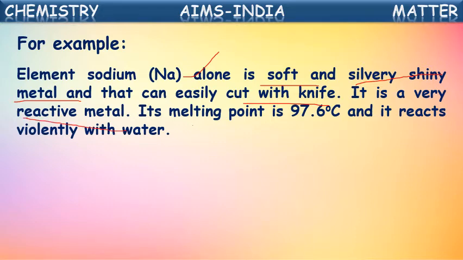Its melting point is 97.6 degrees Celsius, and it reacts violently with water, and even more with oxygen. That's why sodium is always stored in kerosene. It is not kept in open air. If you keep it in open air, it immediately reacts with the oxygen present in the atmosphere and forms sodium oxides.